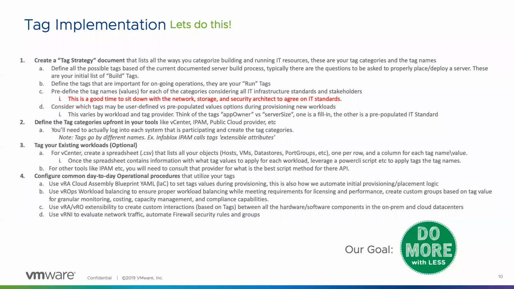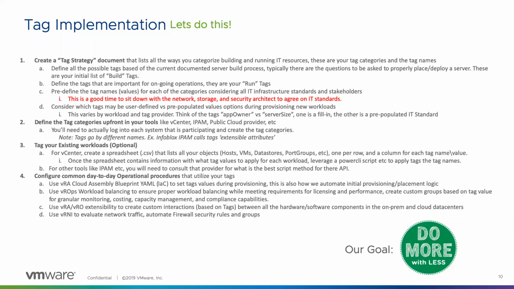Once you've done that, then it's time to configure your tools to take advantage of those tags that you've agreed upon. Starting with your provisioning tool, we definitely think that VRA through Blueprint YAML and infrastructure code is the quickest, fastest, most efficient way to automate provisioning workloads and the placement logic and applying those tags.